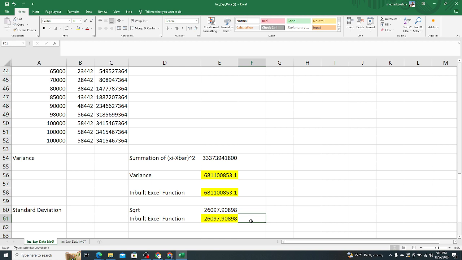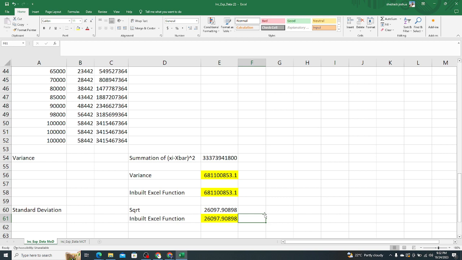In this context, this value of standard deviation suggests that there is a moderate to high variability when it comes to income levels within our data set.